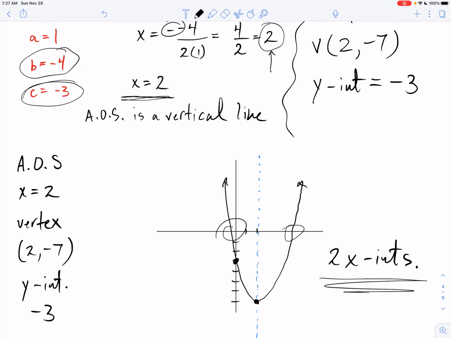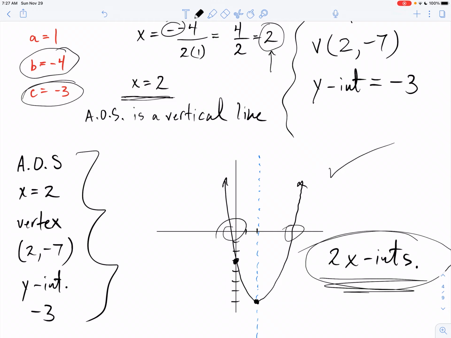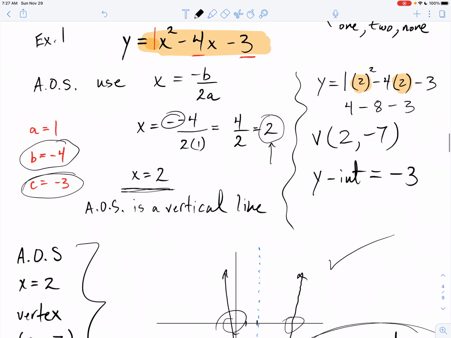But for now, this is all I need you guys to get accomplished. Tell me how many times it crosses and give me a decent sketch. And you can see that there's a little bit of work required, but not a ton. And let's look at another example.